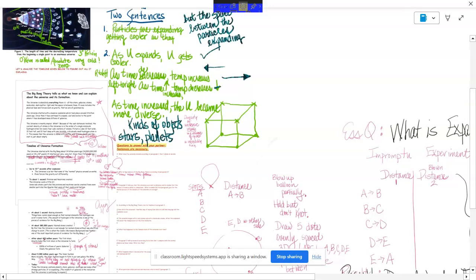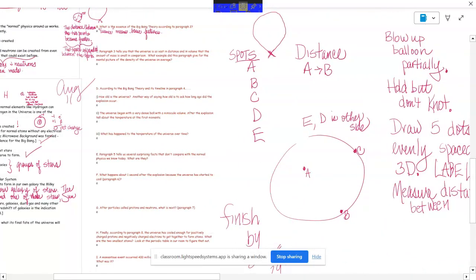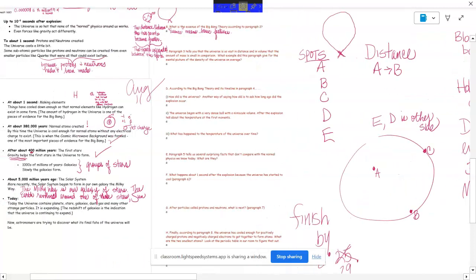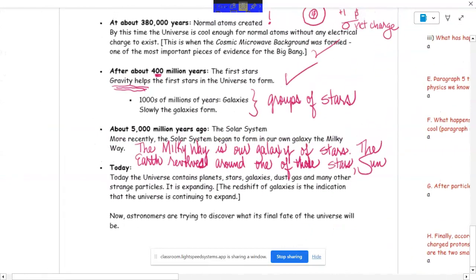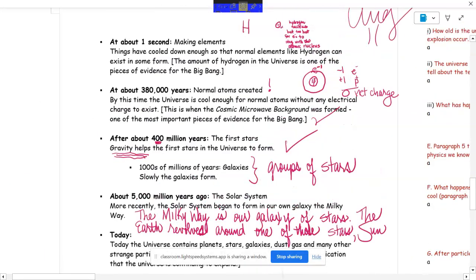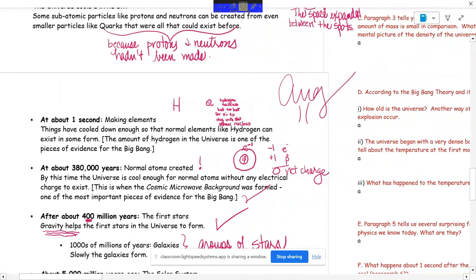We had tons and tons of notes that we did on here. And here's that balloon test we did. We added all sorts of things here. We analyzed that at about 1 second, things have cooled down enough so normal elements like hydrogen can exist in some form.